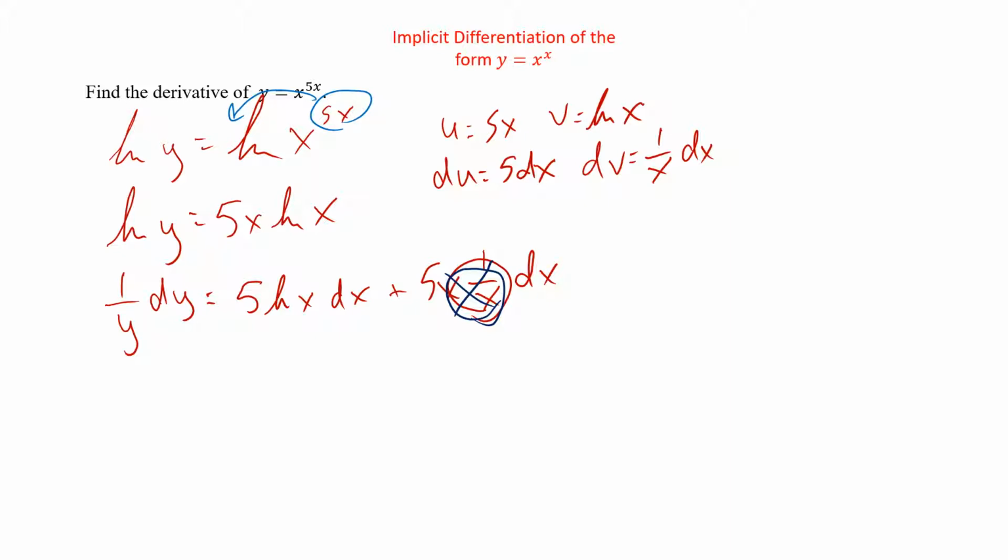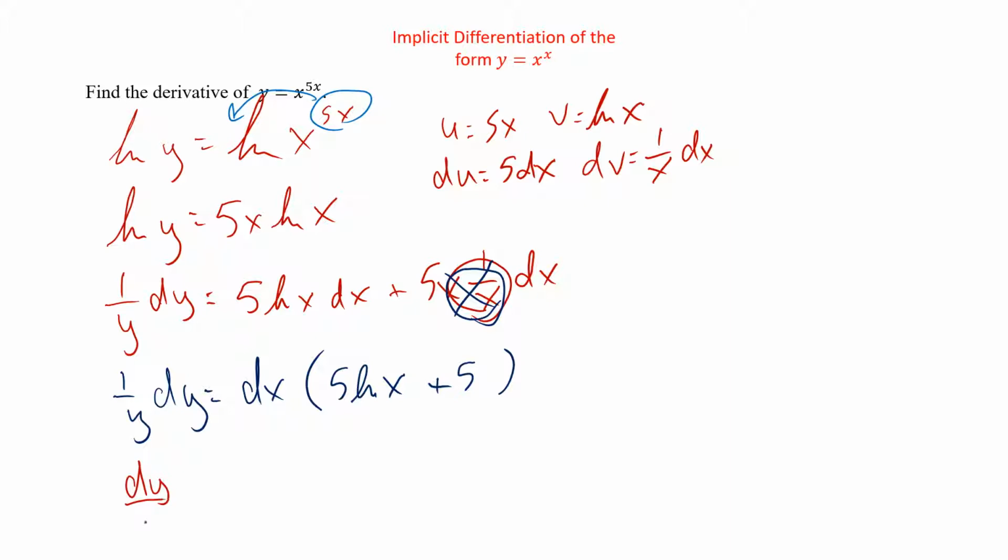Factor out the dx. 1 over y dy equals, we have our dx, 5 ln x plus 5. Get back to my red pen. We can divide, so dy over dx equals, and then we'll multiply the y up.